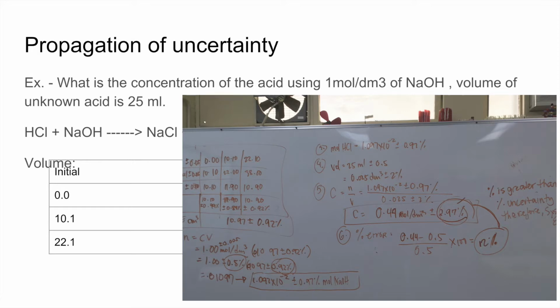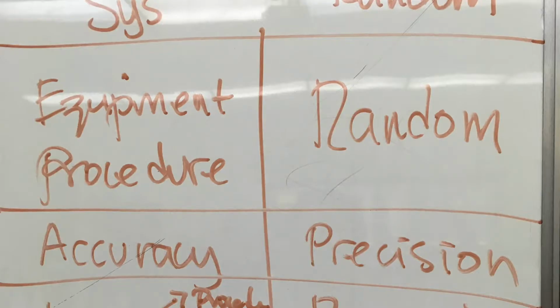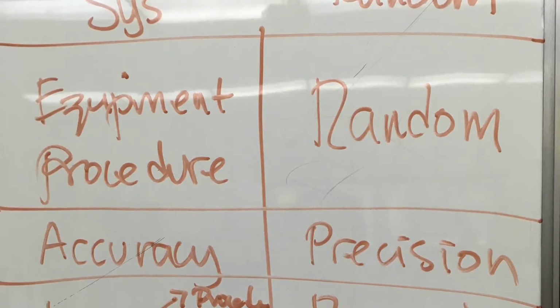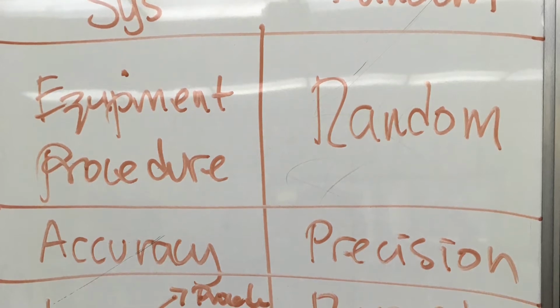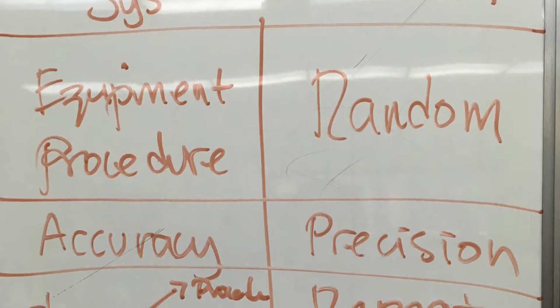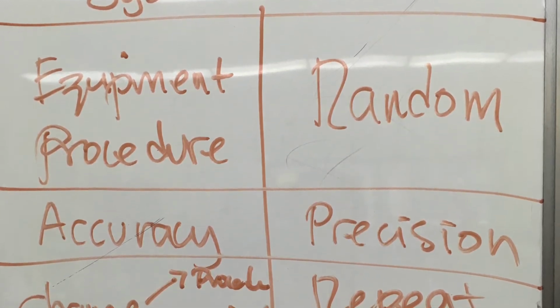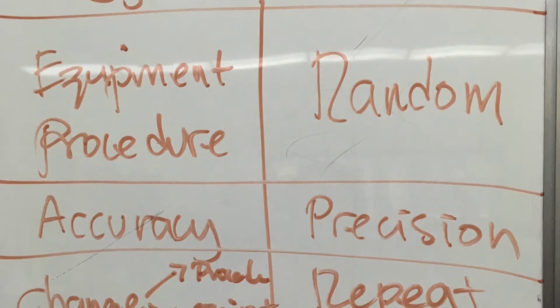So, can I make a table to try to understand? For systematic and random: systematic is equipment or procedure. This is just random.